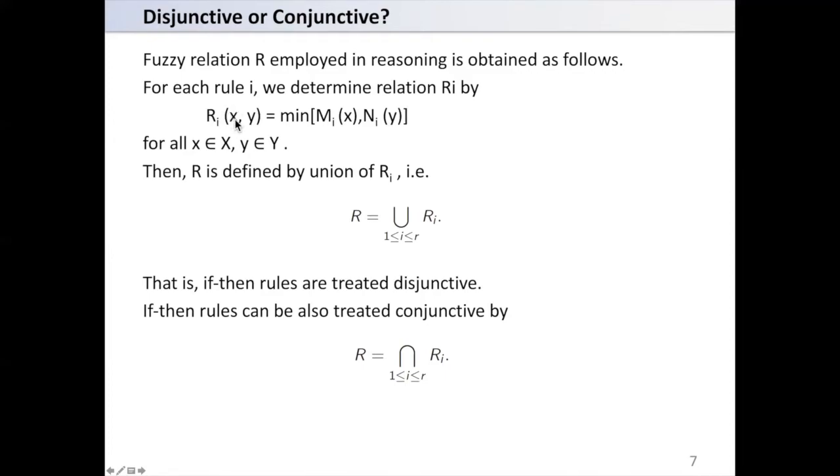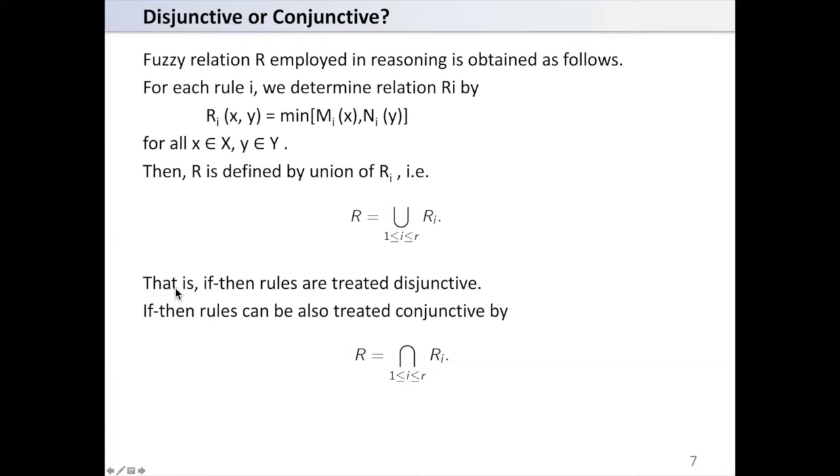For x, y, we are taking the minimum of the membership function mi at x and the membership ni at y, and we take the minimum of these two values for all x element of X and y element of Y. Then R is defined by the union of Ri, the union of the relations representing the rules, that is the union of Ri for i from 1 to r.